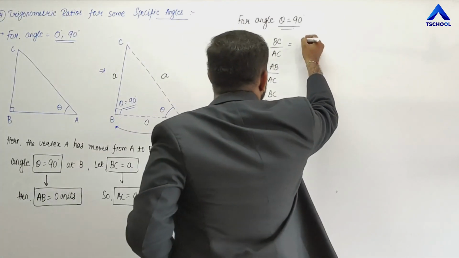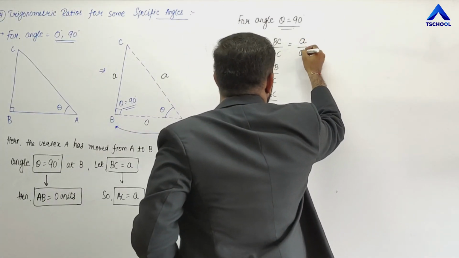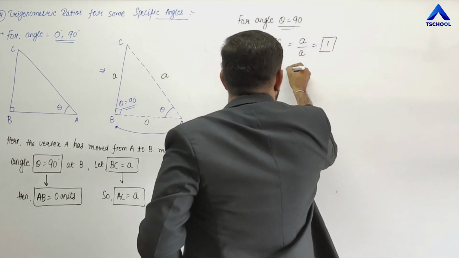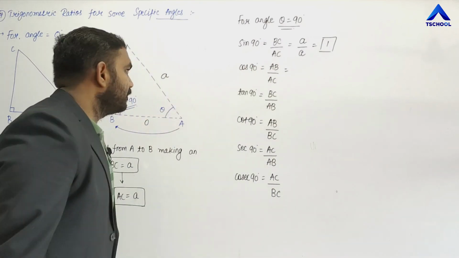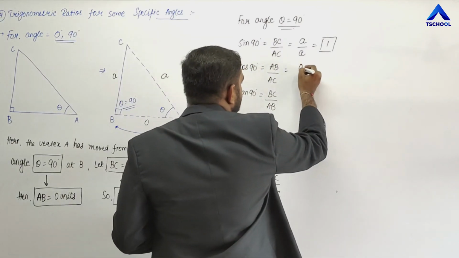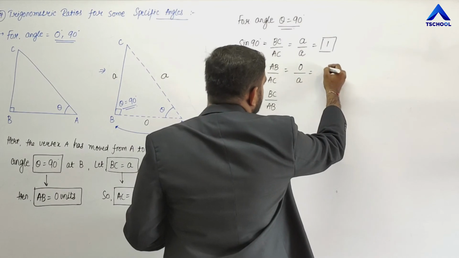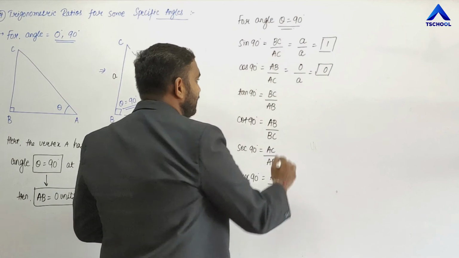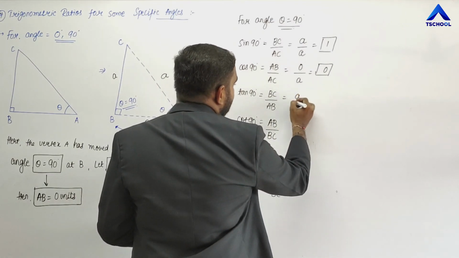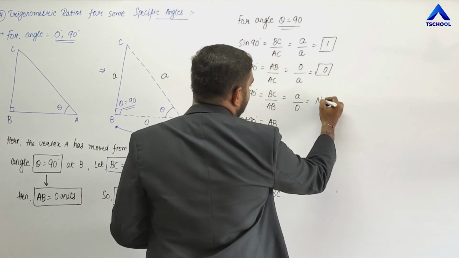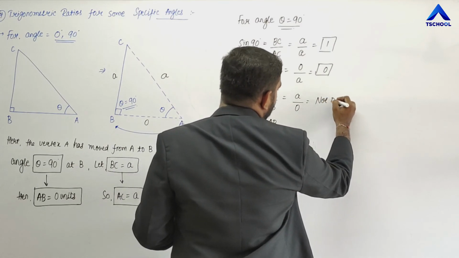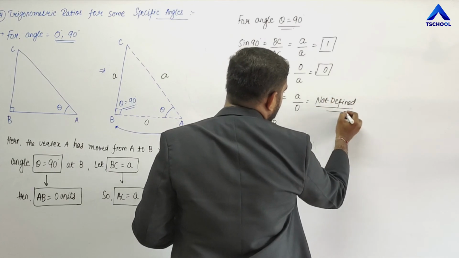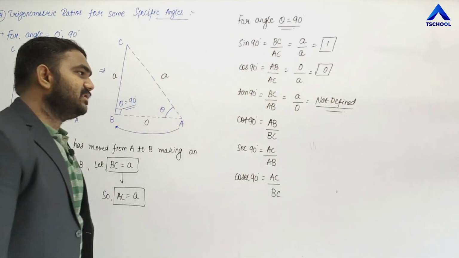So BC here, that is A upon A, you can cancel out A and A, hence this becomes 1. So sin 90 is equal to 1, cos 90 that is 0 upon A, which is equal to 0, tan 90 that is A upon 0, which is not defined. So tan 90 is not defined.